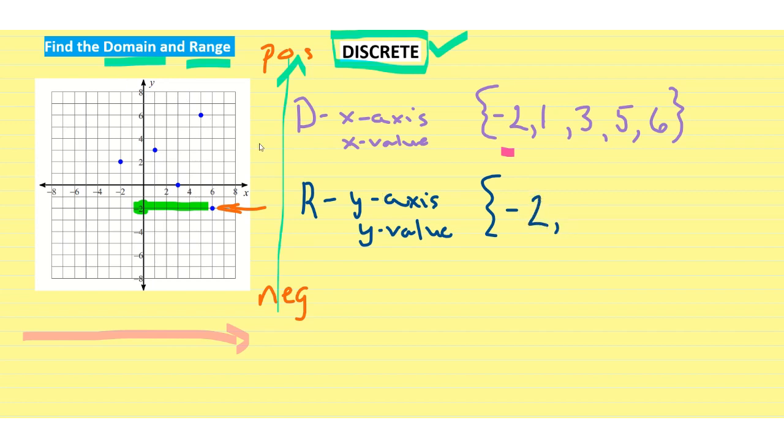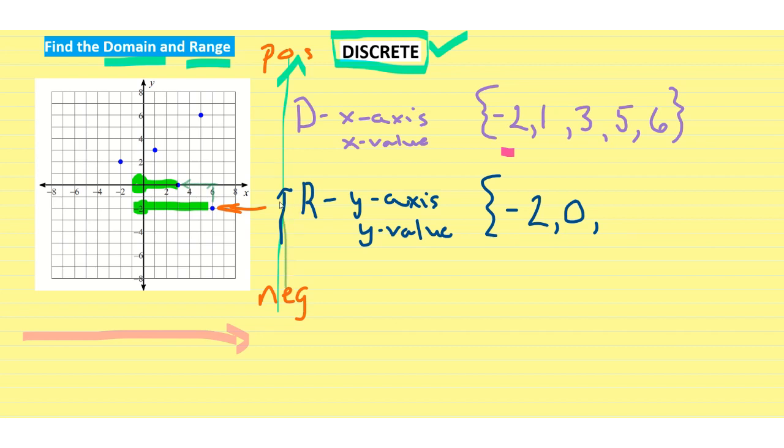Okay, so then we're moving in this direction. The next one that I'm going to go to, I'm going to go up, up, up, up right there because that's where my next point is. And that point lines up on the Y-axis with 0. So that will be my next range value, 0. Okay, and then I'm going to move up again.